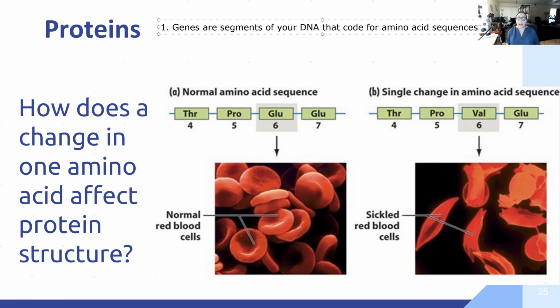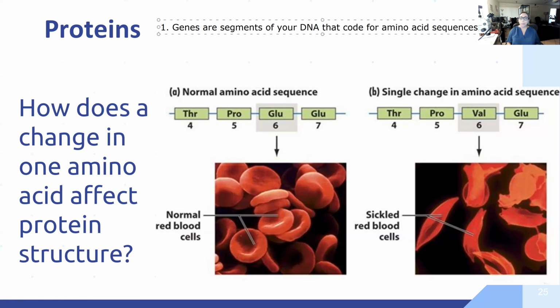So much of your DNA controls when your genes are expressed, and a lot of it does things we don't even know about yet. So looking at the function of your DNA is an area of really exciting research right now. But your genes are what code for or determine the proteins in your body.